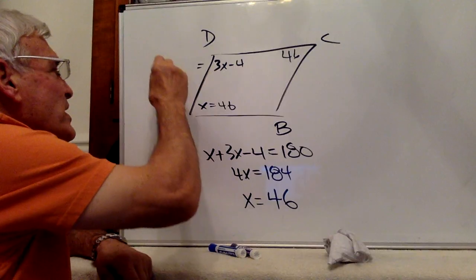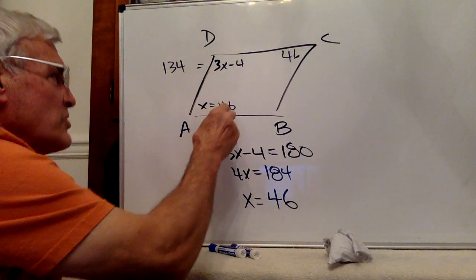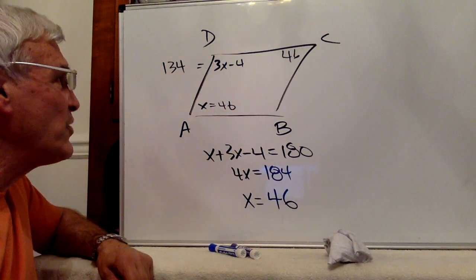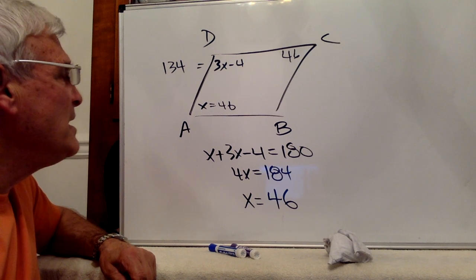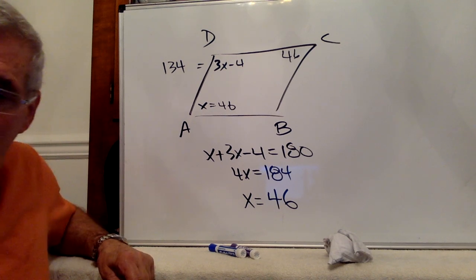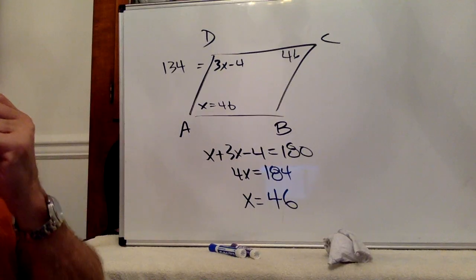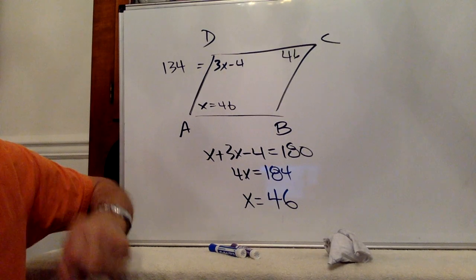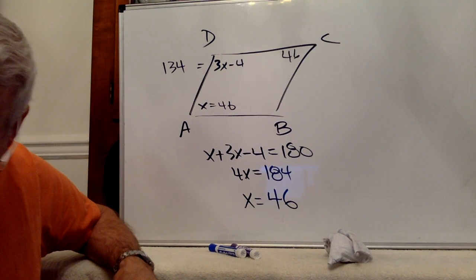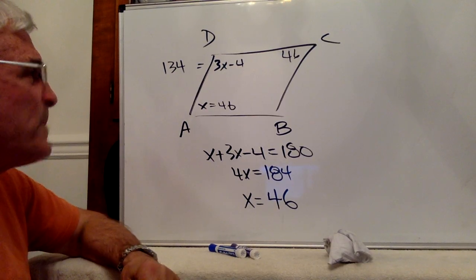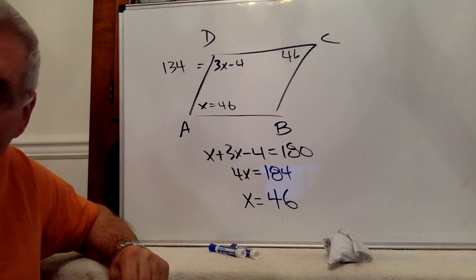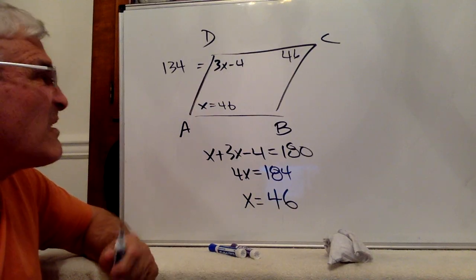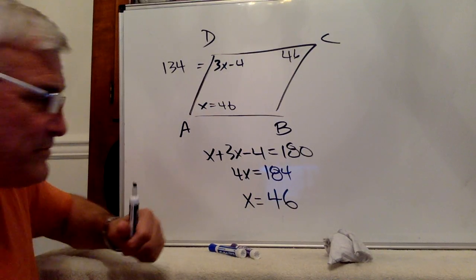The supplement of 46 is 134, or just plug 46 in. 3 times 46 is 138, minus 4 is 134. Okay? Everybody, I hope, got that or understands it now.